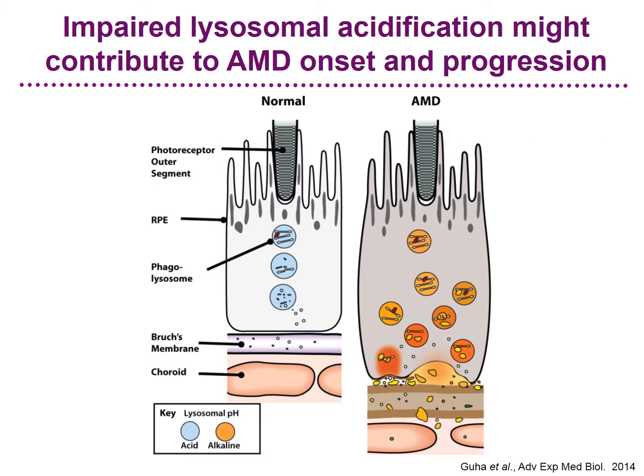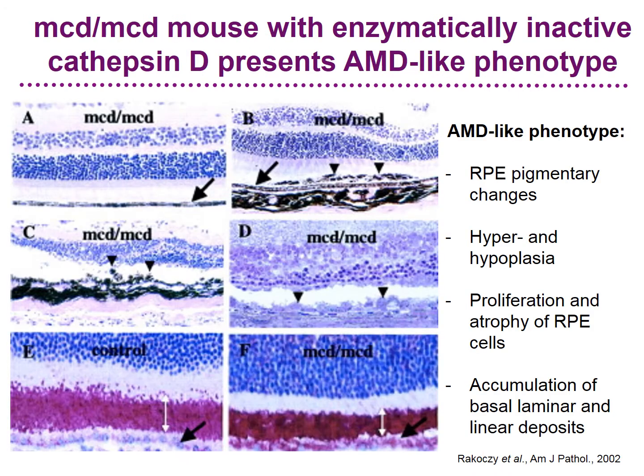Claire Mitchell's group first showed that impaired lysosomal acidification might contribute to AMD onset and progression. This was further confirmed by the Rakoczy group in Australia, who developed a unique animal model for AMD that showed features associated with geographic atrophy.